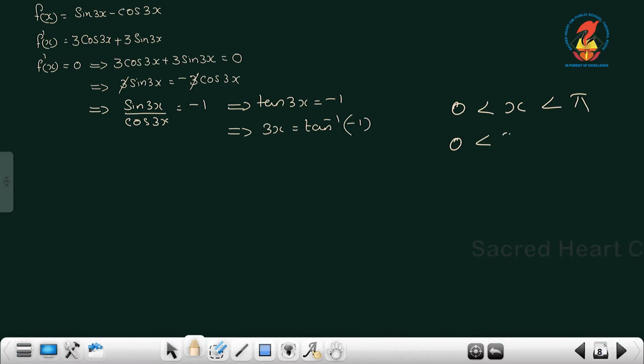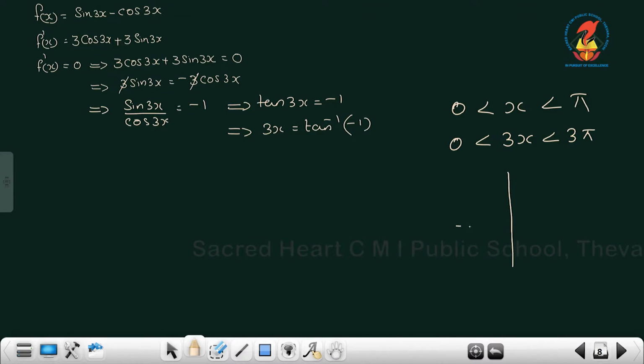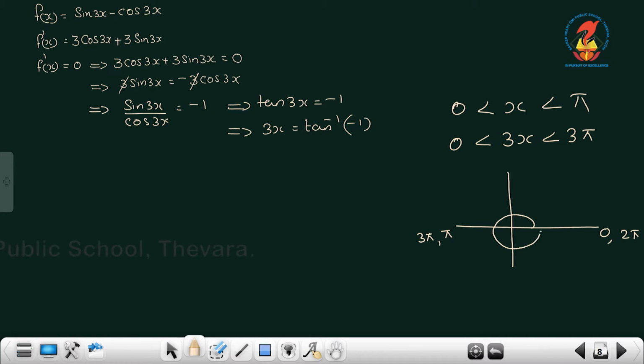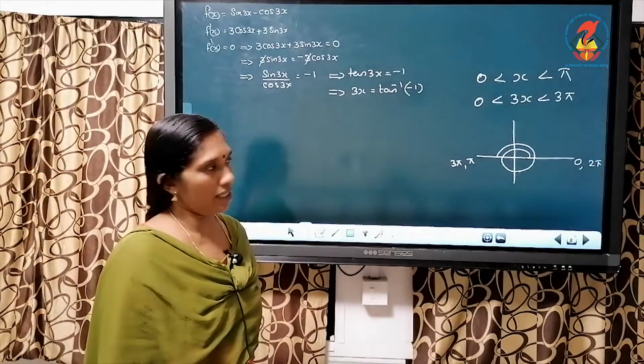So 0 less than 3x less than 3 pi. So 3x in the interval 0 to 3 pi. Here 0, then pi, here we have 2 pi, then here it is 3 pi. So one rotation, then this much. So that much region we have to consider.